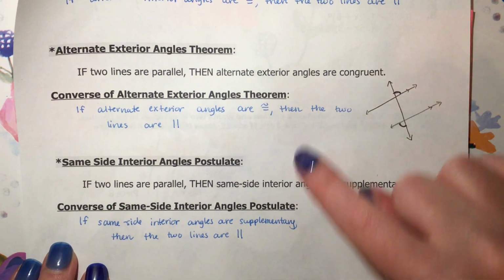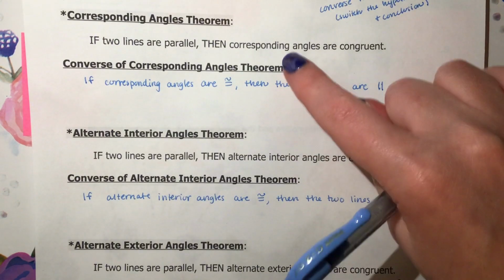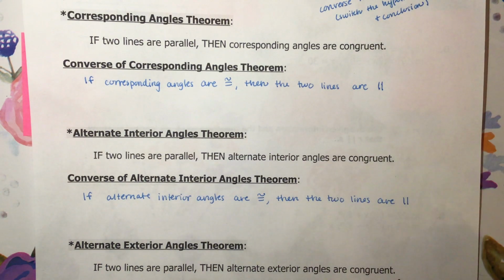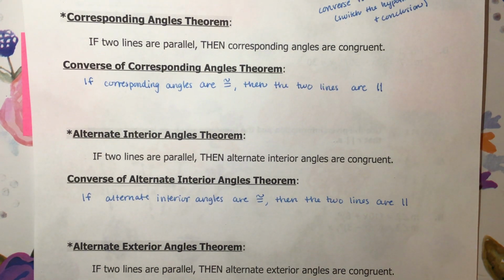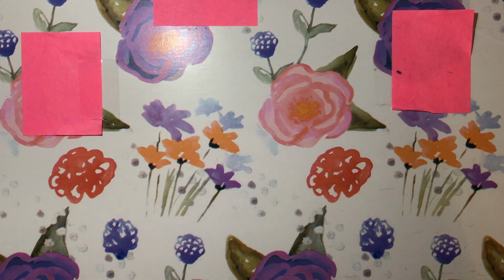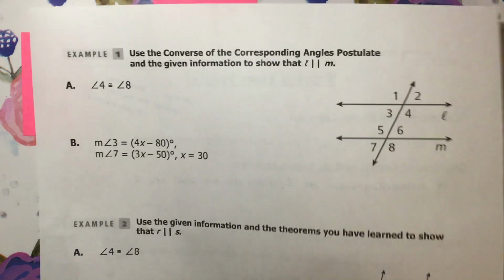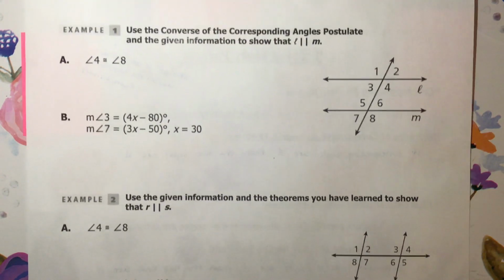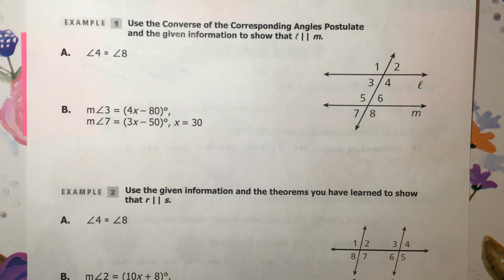So these converses are their own theorems, but they're very closely related, so hopefully it doesn't feel entirely like learning four new things. Hopefully it just feels very familiar to you, especially since we covered super similar stuff in yesterday's notes. Let's start applying this and putting it into action.